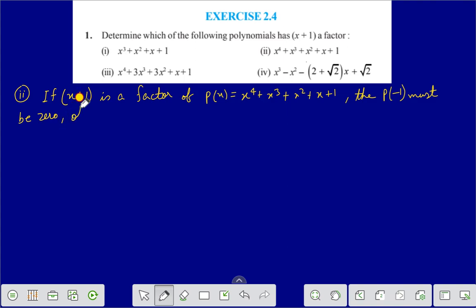Otherwise x plus 1 is not a factor of p(x).